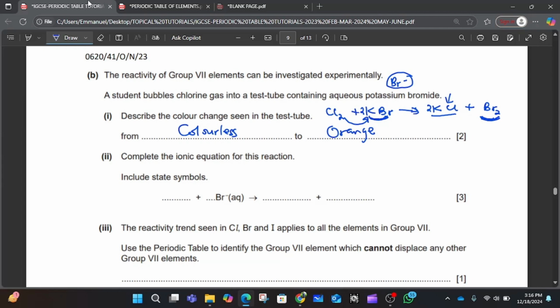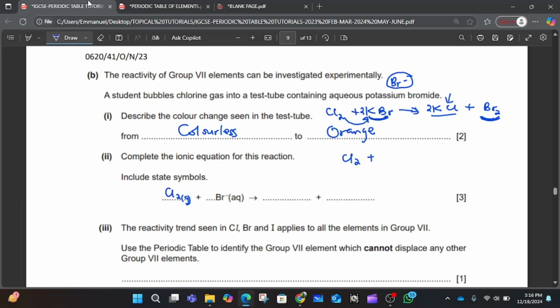II. Complete the ionic equation for this reaction. Include state symbols. So for the ionic equation, we have chlorine, and chlorine is a gas. When you react it with the bromide ion, for the ionic equation, we have to remove spectator ions.